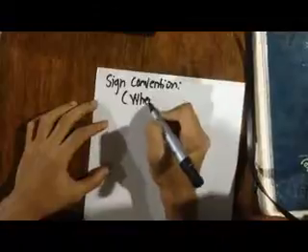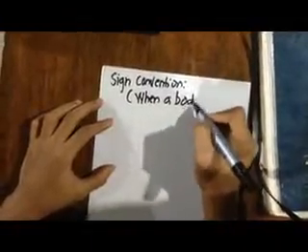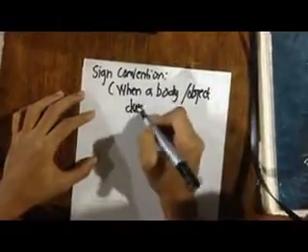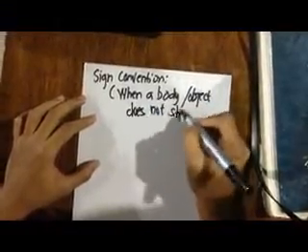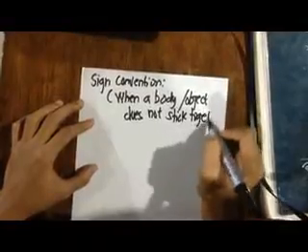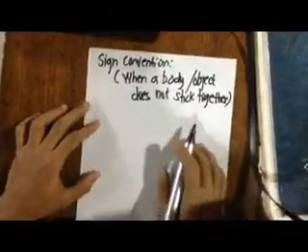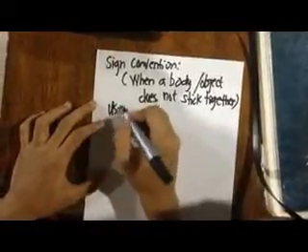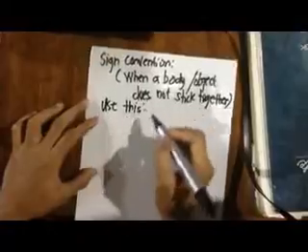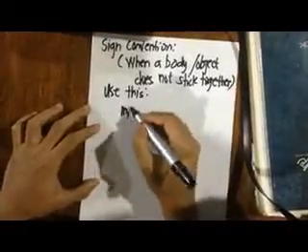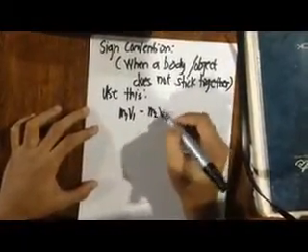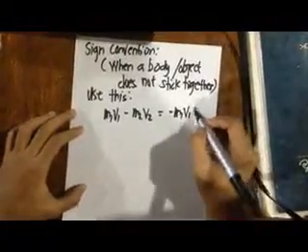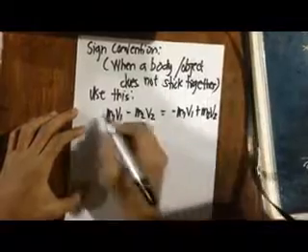When a body or object does not stick together, use this: m1 v1 minus m2 v2 is equal to negative m1 v1 plus m2 v2.